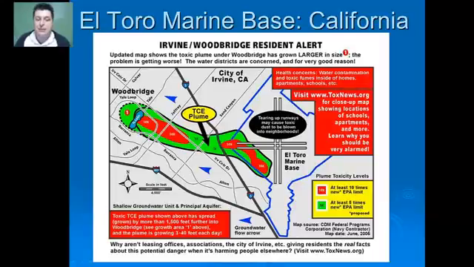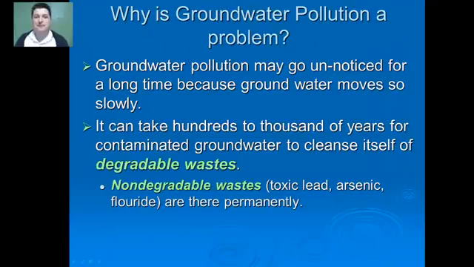This particular plume, based upon this image, is about 24,000 feet long. Groundwater pollution may go unnoticed for a long time because groundwater moves slowly, and unless that pollutant enters into a known well and we pump out the pollutant, we're not going to detect it. It could take hundreds or thousands of years for the contaminated groundwater to cleanse itself of degradable waste.